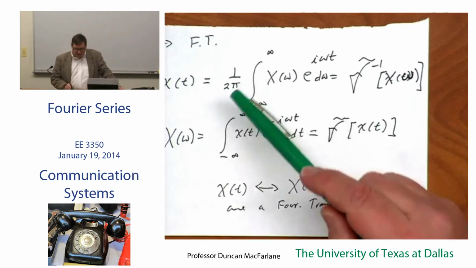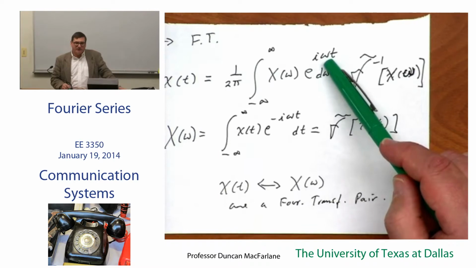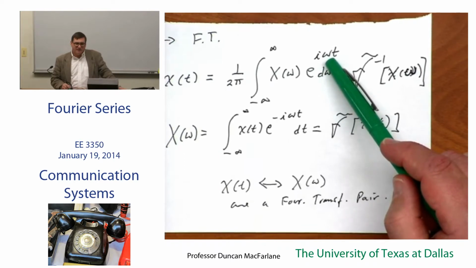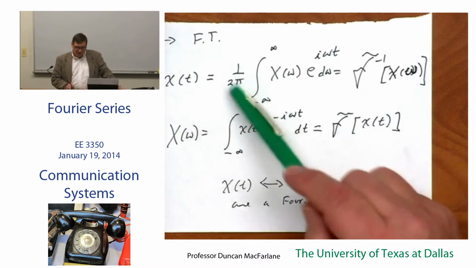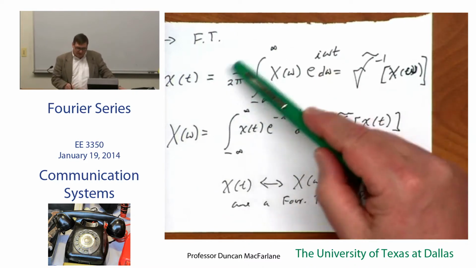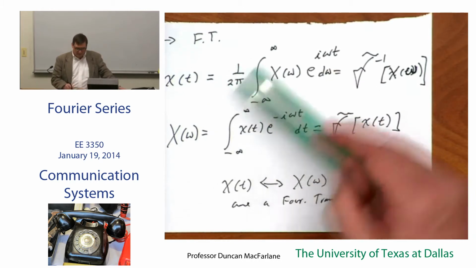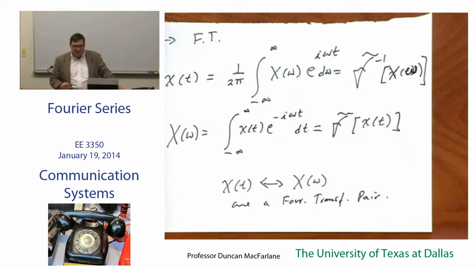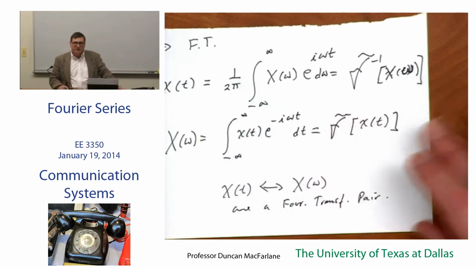So in this particular case, I've got j because I'm working with radians per second and not hertz, omegas instead of f's, instead of nu's. Then I've got pi's floating around in my problem. I've chosen to lump the correction factor for pi in terms of the inverse Fourier transform instead of the other ones. I've seen it here, and I've seen it broken up between the two.